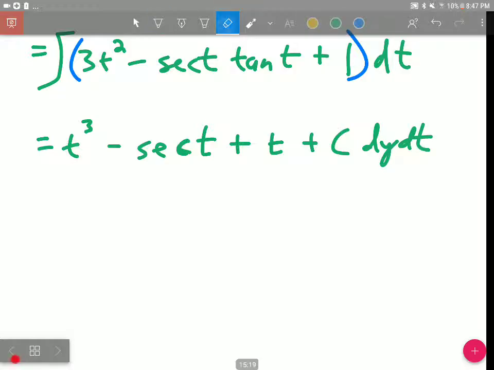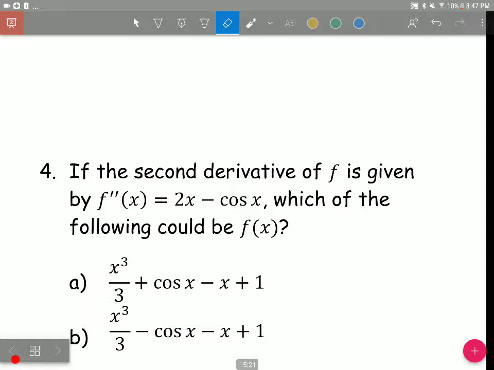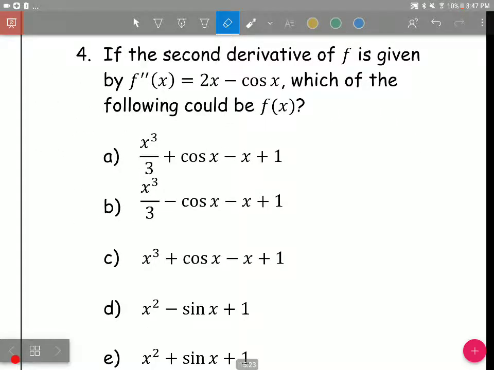Last but not least, this one. If the second derivative of f is given by that, what is the following? Because we're doing two antiderivatives, and we don't have the point for this first antiderivative, we can't go all the way on our own.